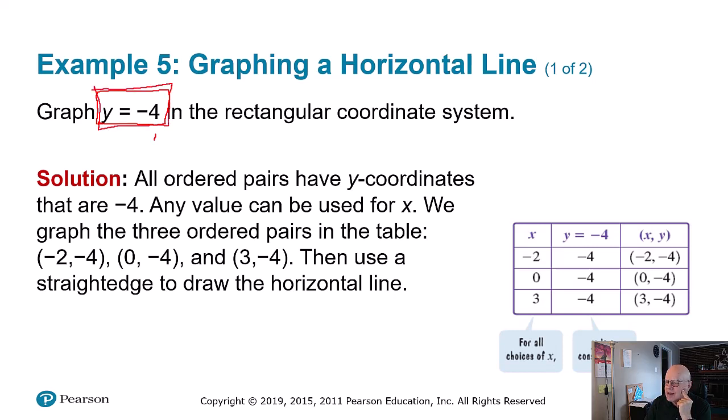Now, remember what the equation actually says. This is how we put together the ordered pairs. This is the rule for making these ordered pairs. This particular rule says when you're making the ordered pairs, the y values have to be -4, period. End the story.